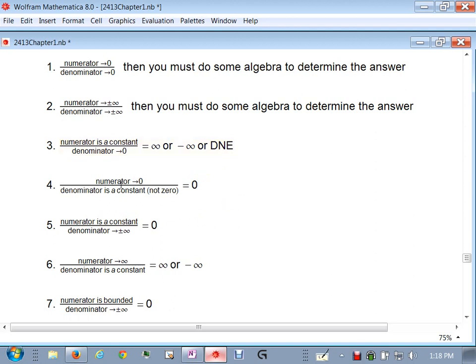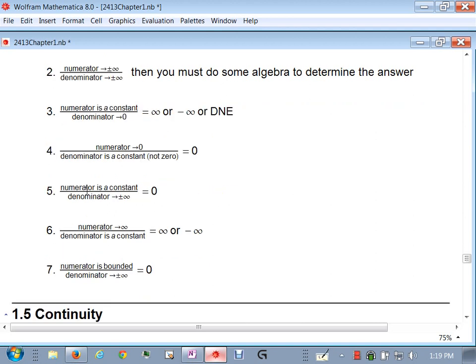What if your numerator goes to 0 and your bottom does not go to 0? Like we just had 0 over 1, that was just 0. What happens if you have a numerator that's constant or fixed and your denominator goes to infinity? That goes to 0. What if your numerator gets huge and your denominator doesn't move? Then it just gets big, right?